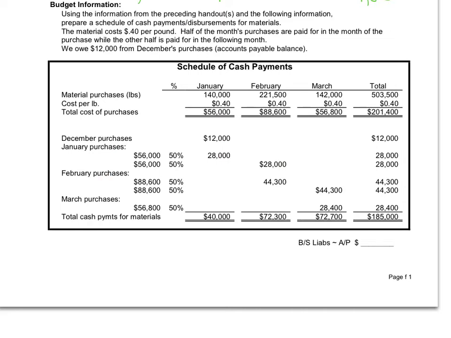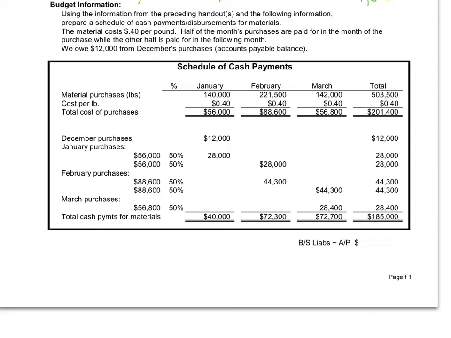February's purchases are $88,600. Half are paid in February and half are paid in March. March purchases, $56,800. Half are paid in March, and the other half are going to be paid in April.